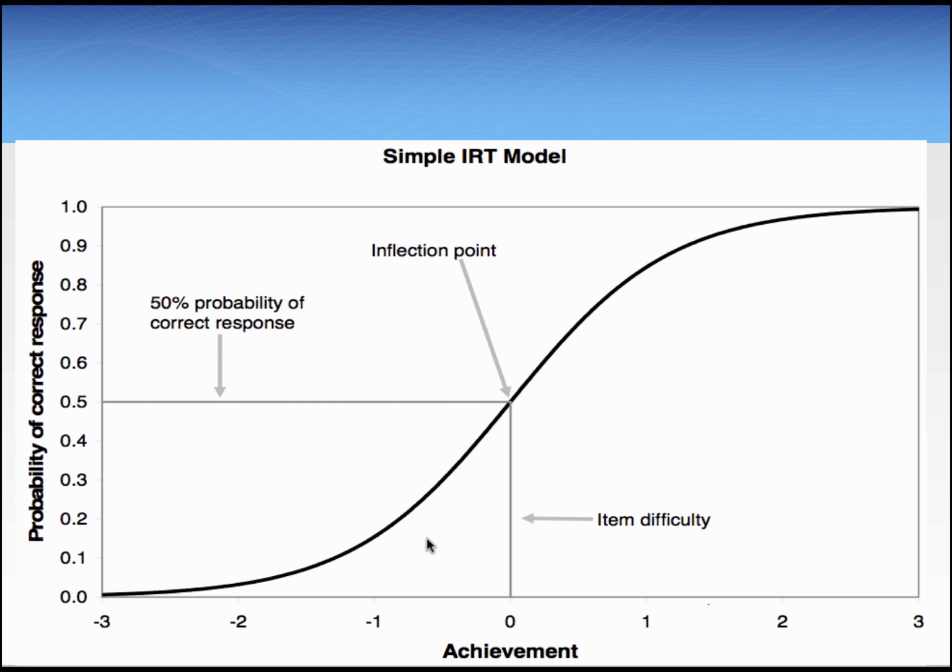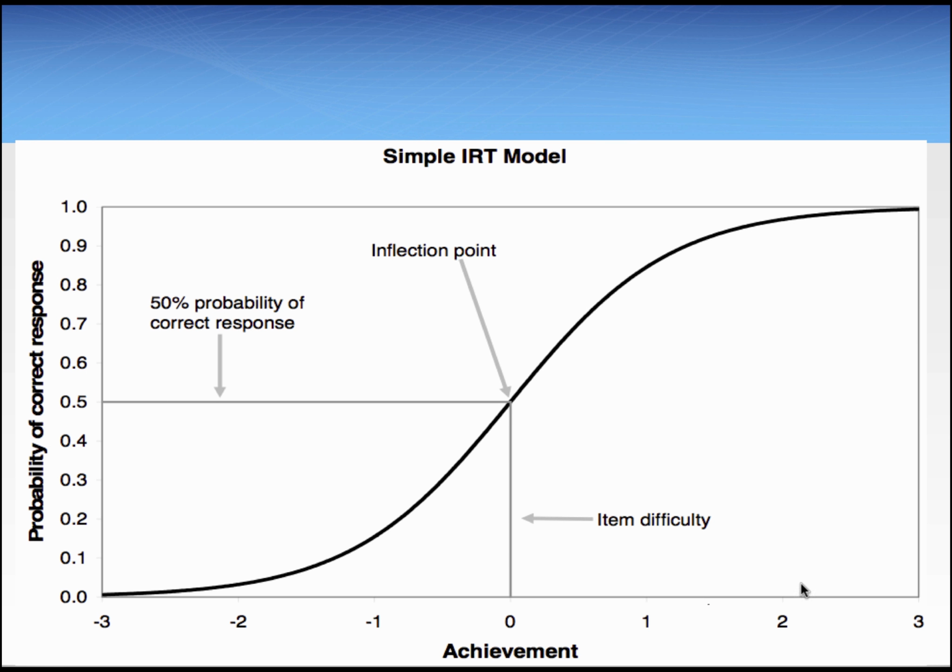So this is one item, one question, and you can see as your ability increases, as your achievement increases, your chance to have a correct answer goes up. So the people with very low achievement have a 0 or very low probability of getting a correct response.